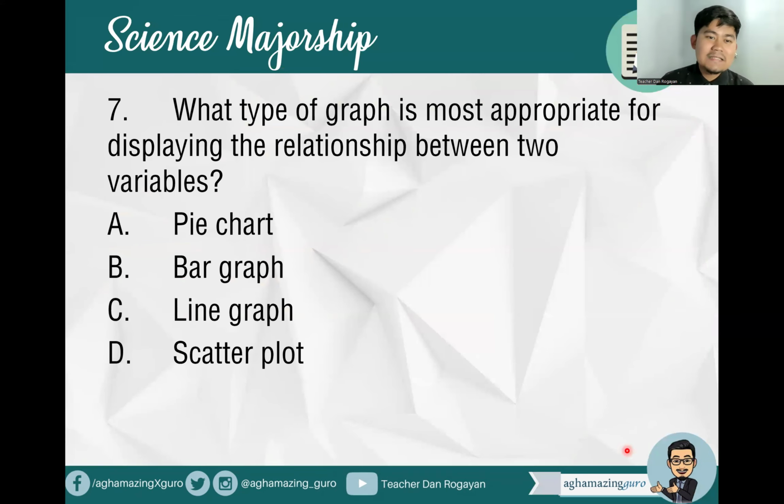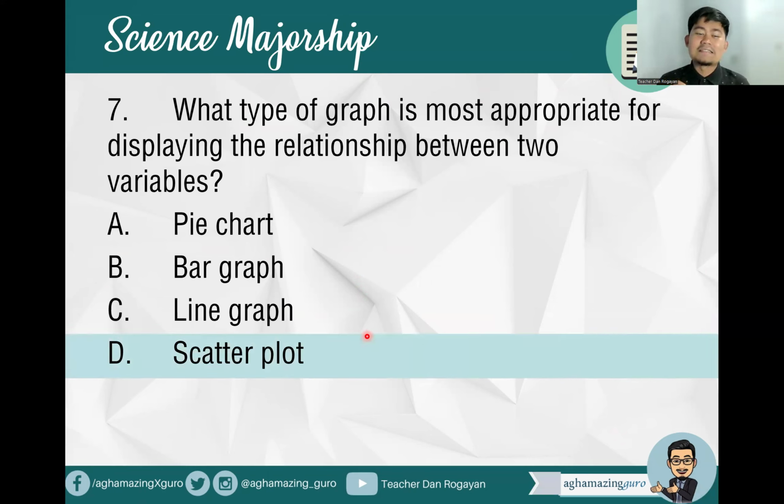Okay. So next, number 7, what type of graph is most appropriate for displaying the relationship between two variables? A pie chart, B bar graph, C line graph, D scatter plot. So when we talk about relationship, that's correct, that's scatter plot. Okay, so letter D is the correct answer.